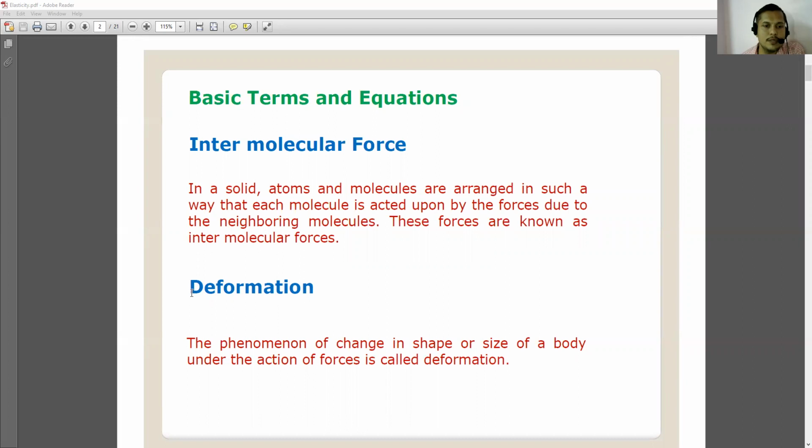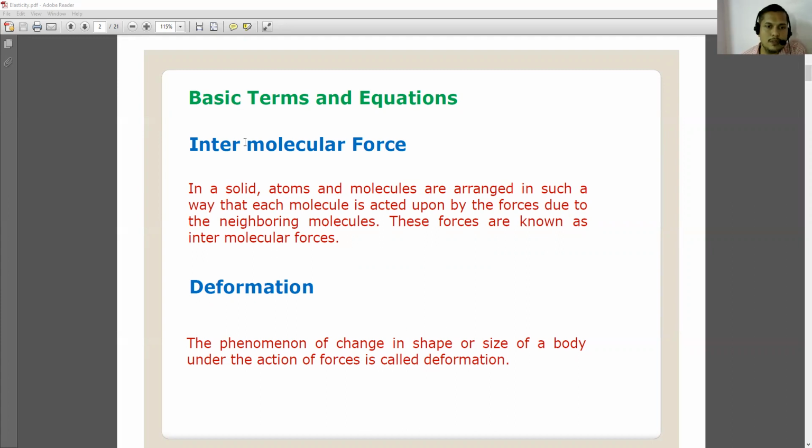Next is deformation. Now, what is meant by deformation? The phenomenon of change in shape or size of a body under the action of forces is called a deformation.